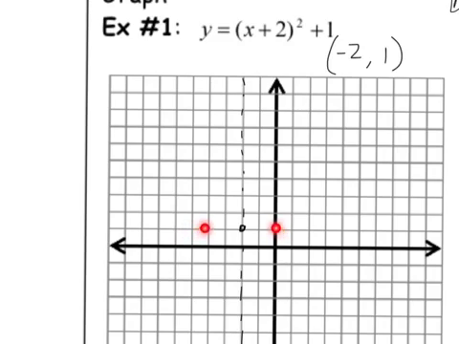Over 2, 2 squared, which is 4. So over 1 each way, up 1; over 2, up 4; and over 3, up 9, because that is 3 squared. And there you have your graph.